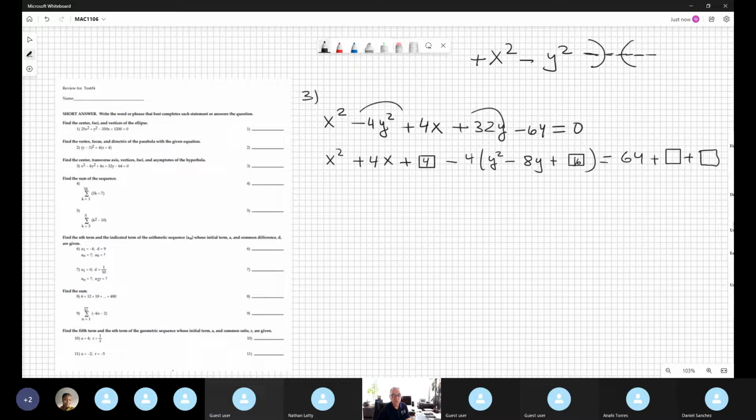So our magic numbers that allow us to convert this trinomial to a perfect square trinomial are 4 and 16. Now the factorization of this trinomial is x plus 2 squared, and remember 2 comes from the square root of 4, minus 4, y minus 4 squared, and 4 comes from the square root of 16, which is 4. Equal, I forgot this number.